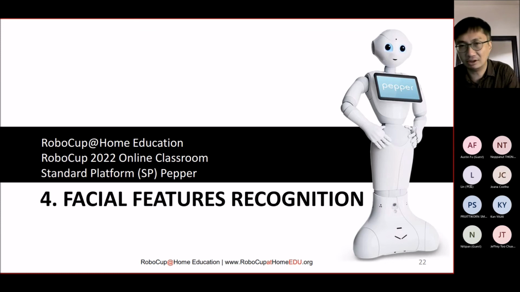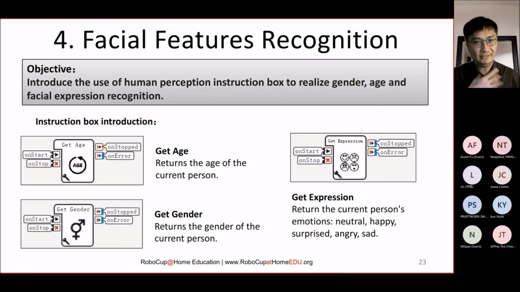Okay, so let's have a look at this facial features recognition. As I said just now, all the functions for facial features recognition in Choreographe are already packaged into very handy instruction boxes. So for example, the first one is Get Age. By the name, I believe you already know this one.